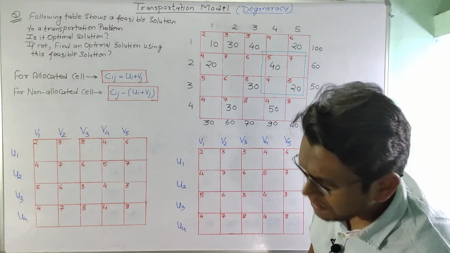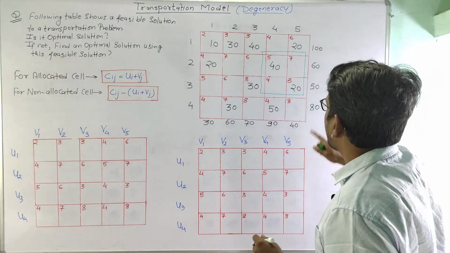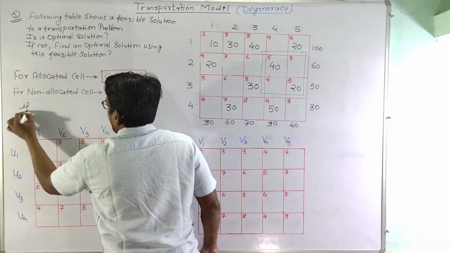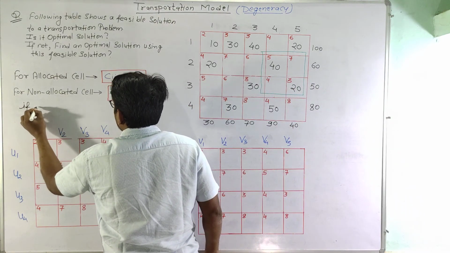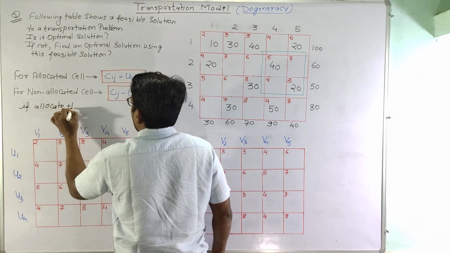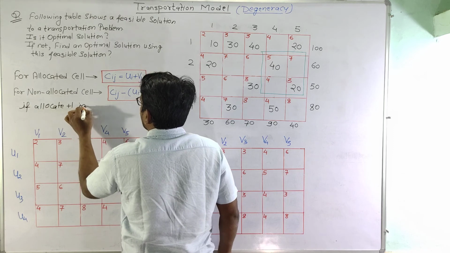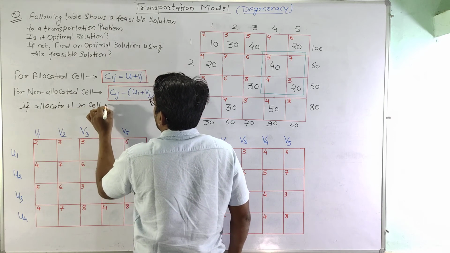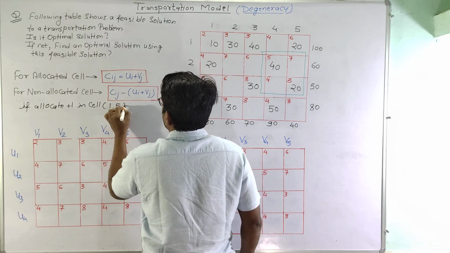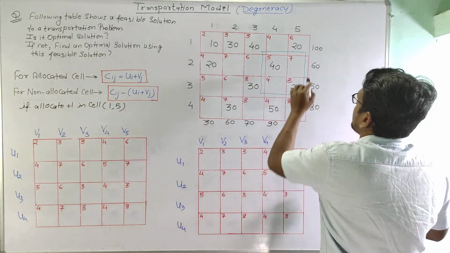So first of all, let us consider if I allocate plus 1 in cell 1 5, okay, so 1 5 is this cell.